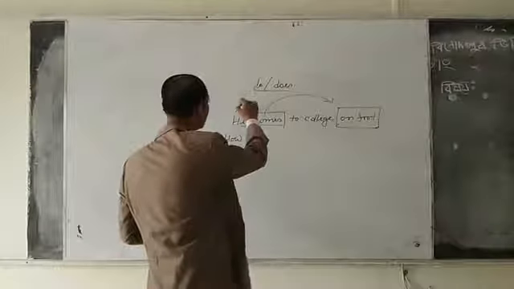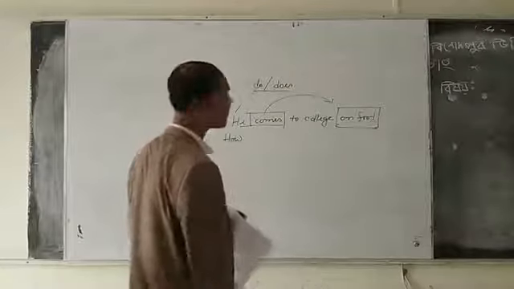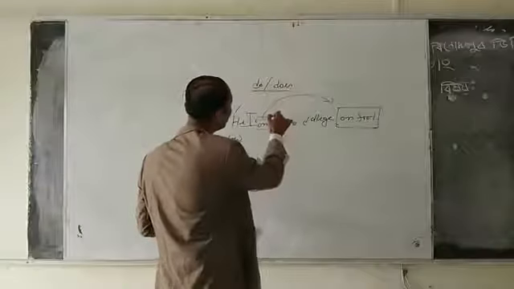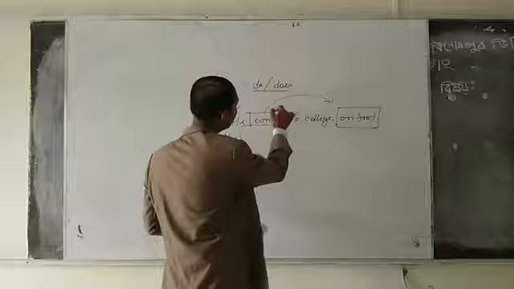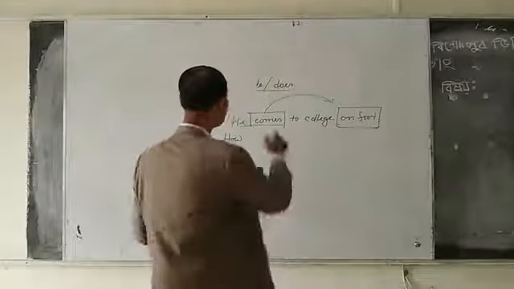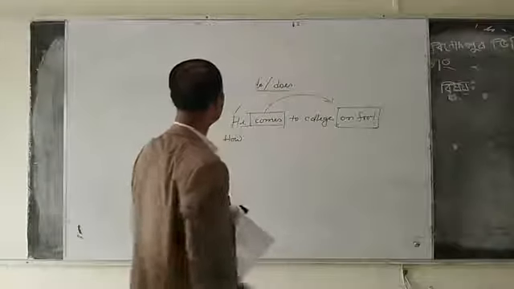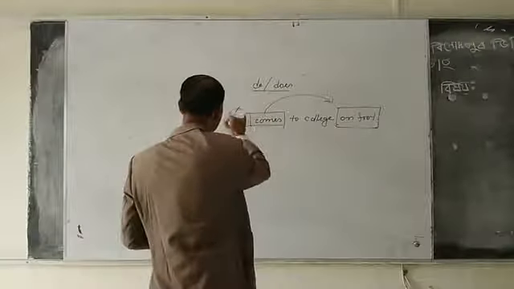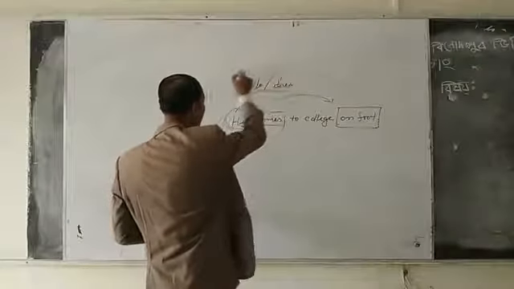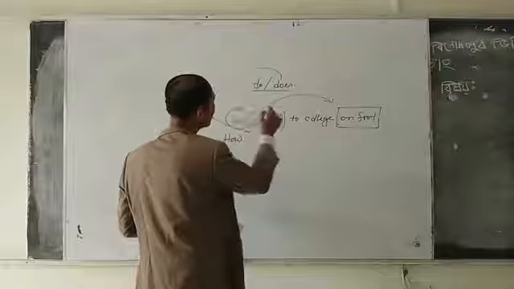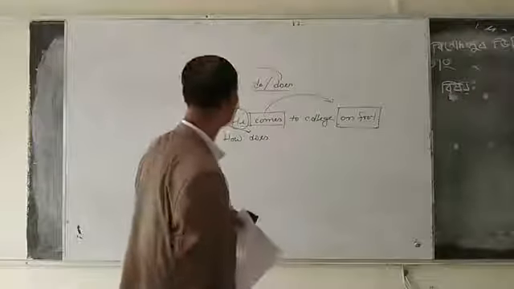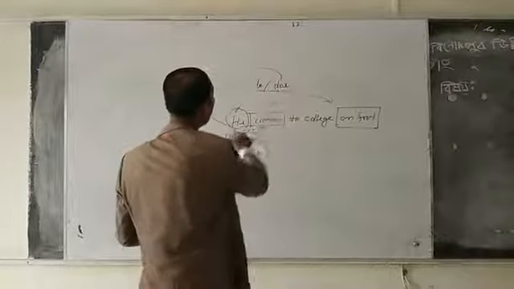If the subject is in third person singular number, we will put s or es after the main verb. Okay? If the subject is in third person singular number, we will use does as an auxiliary verb. Okay? How does then?